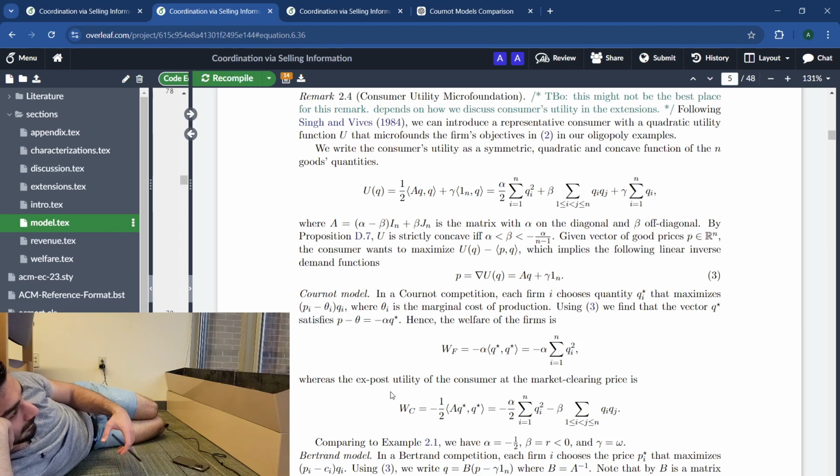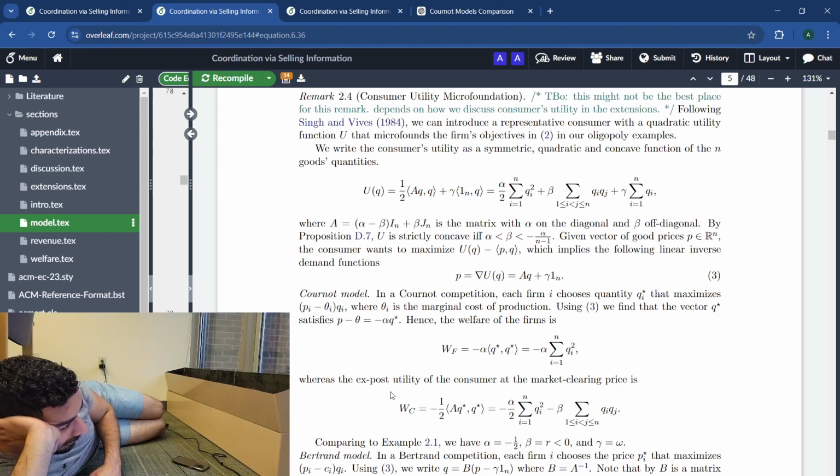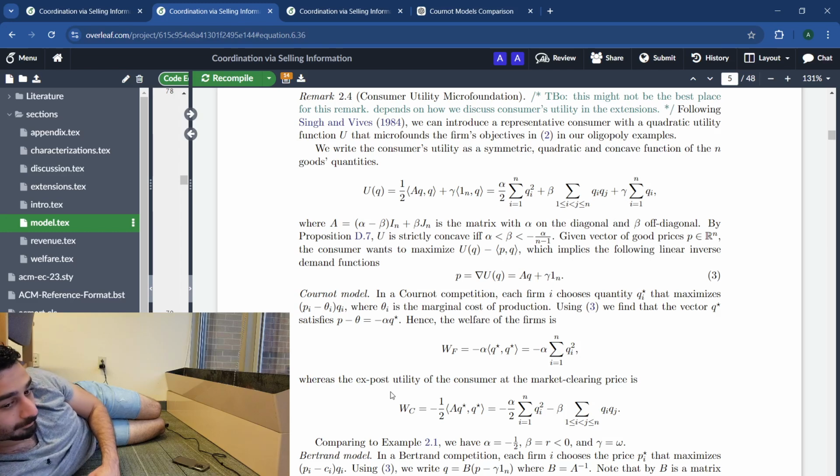Oh, consumers decide on the price. So the user decides the quantity. And this equation is with respect to the quantity. The derivation is with respect to quantity.